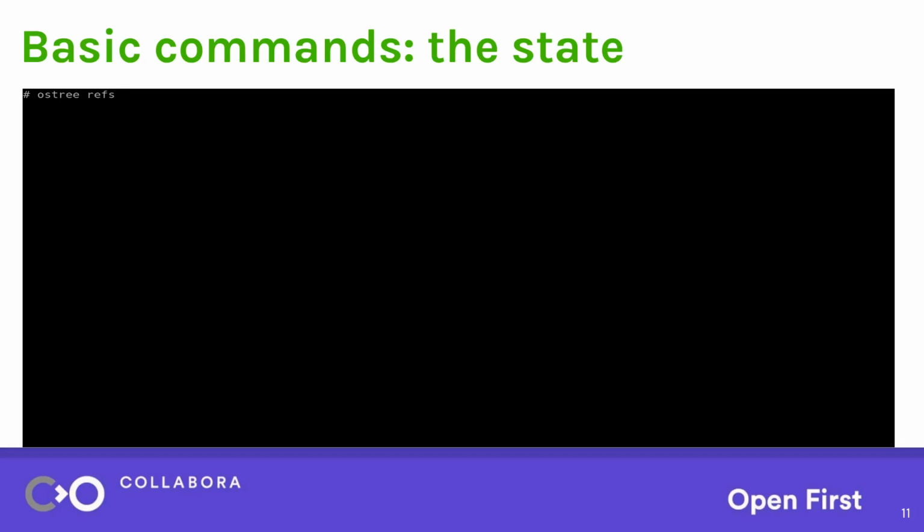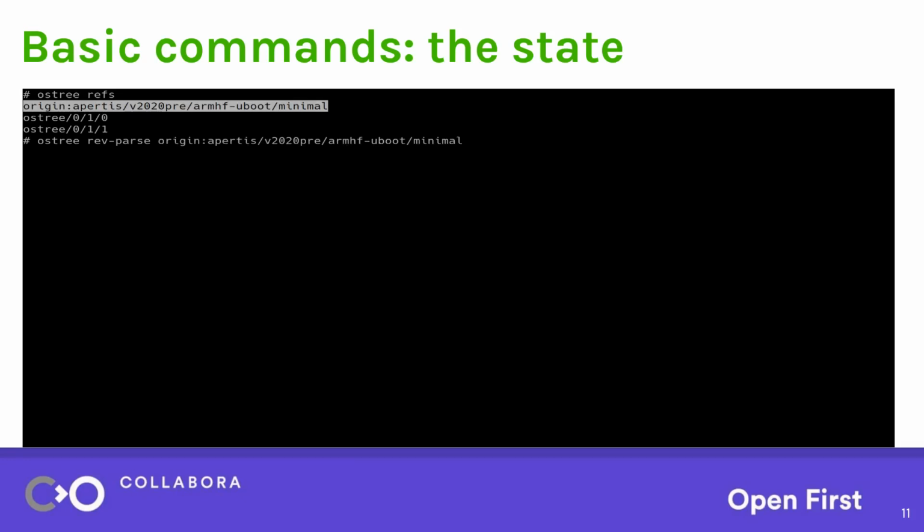The first command, ostree refs, will show you all local references which are known to our local system. And with the command ostree rev-parse, we can get the hash ID of the commit used by that reference.